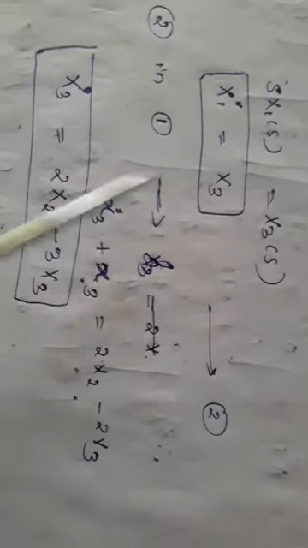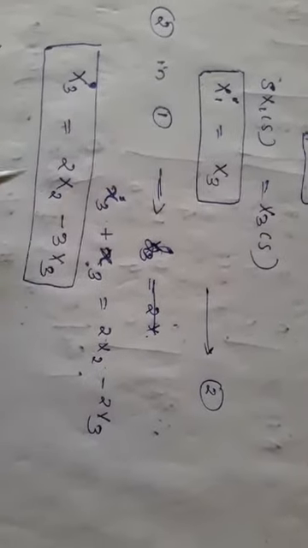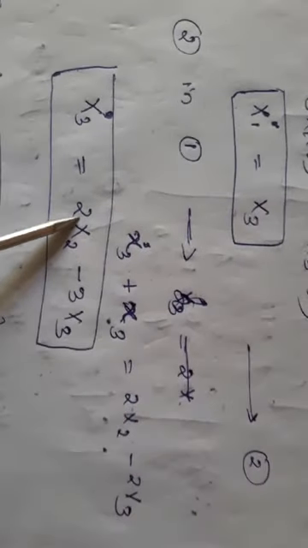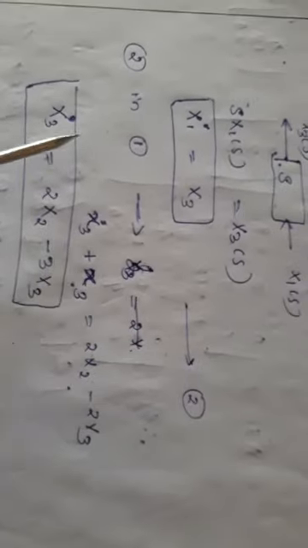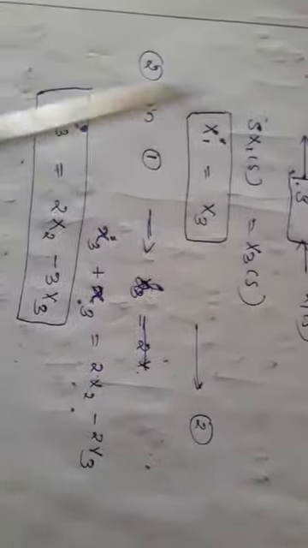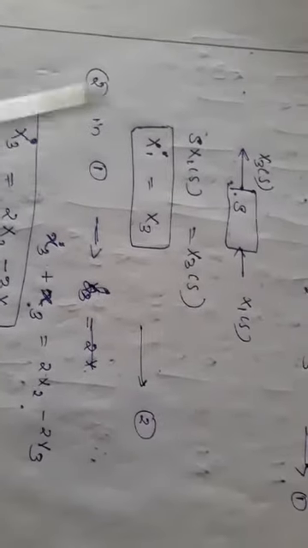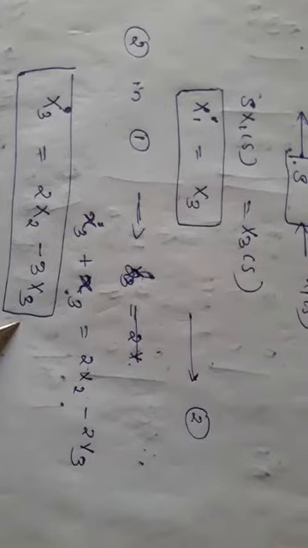From these two blocks, we got the derivative of the first state variable and the derivative of the third state variable. And we also need the derivative of x2. If these three equations, that is x1 dot, x2 dot and x3 dot, are obtained, then our aim is satisfied.